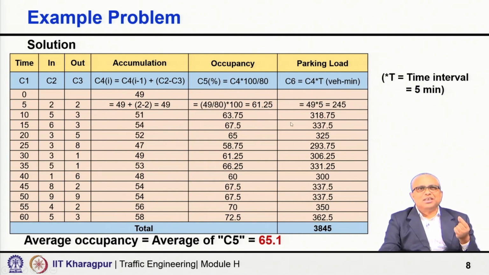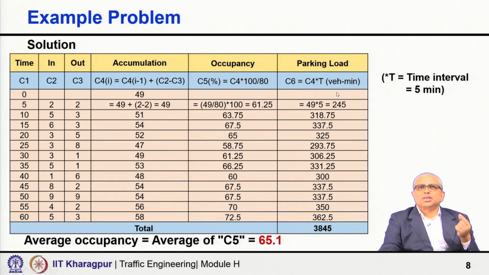Similarly, 51 vehicles into 5 minutes. So, it is like C4 into time interval t, that is the accumulation, right.